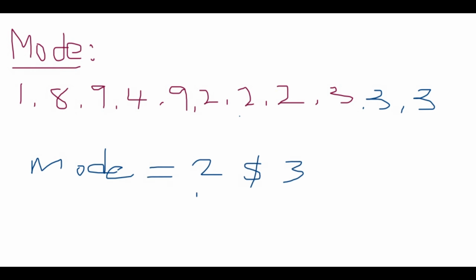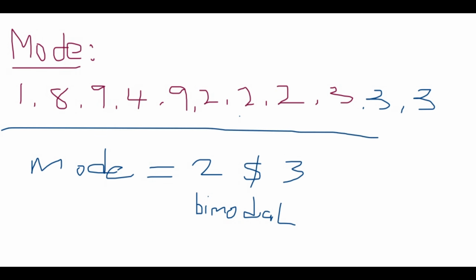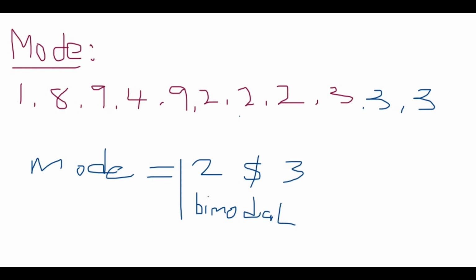And this is what we call bimodal. So since we have 2 modes in this raw data, the mode is bimodal.